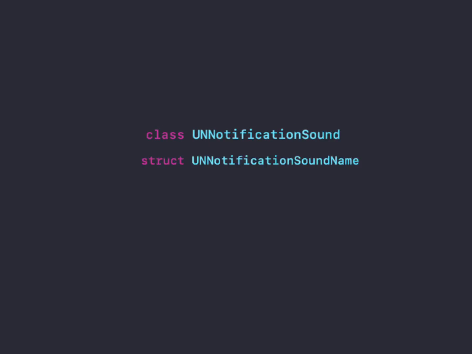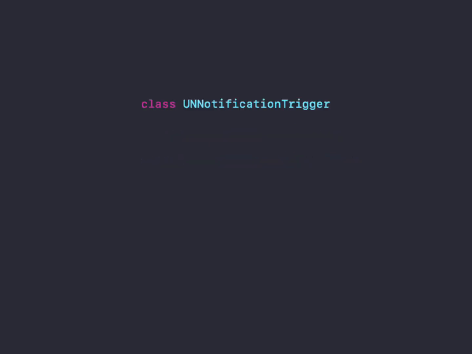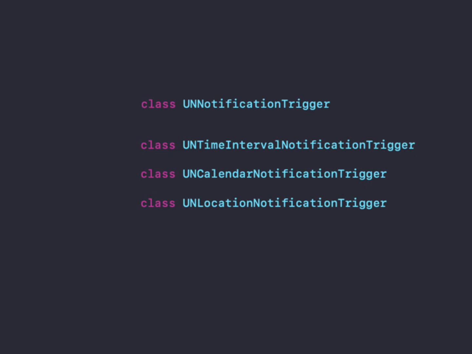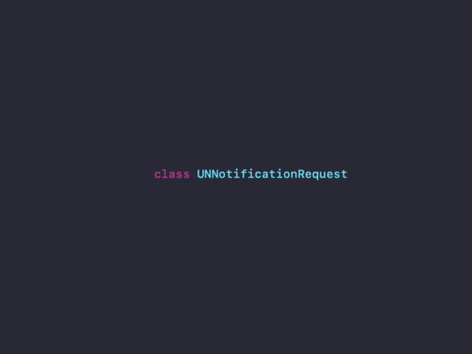You can have it make different kinds of sounds, and you can trigger it in any number of three ways right now. You can either do it after a certain amount of time, you can do it given a set of date components firing at a certain date, or you can fire at a location. And you bundle all this up and you put it into a notification request.